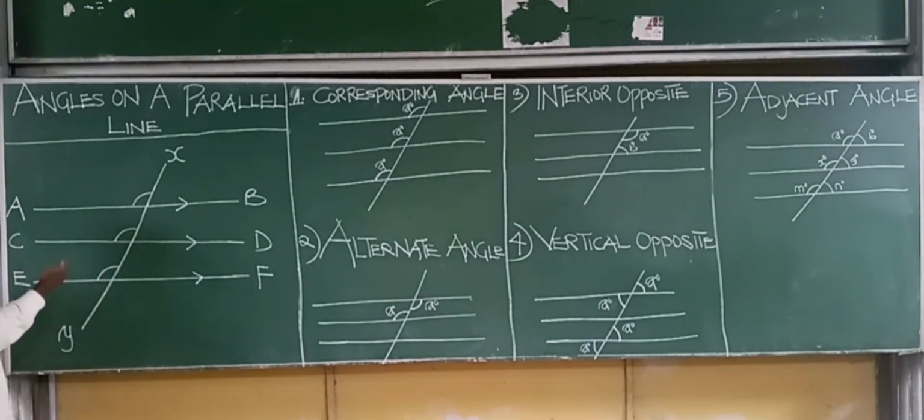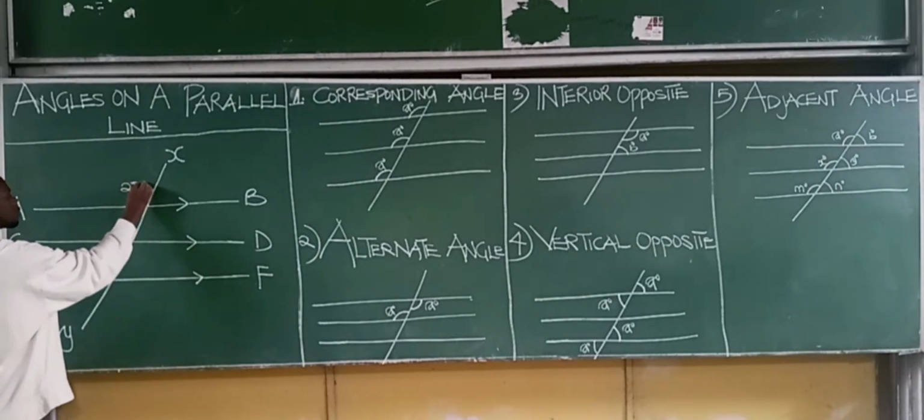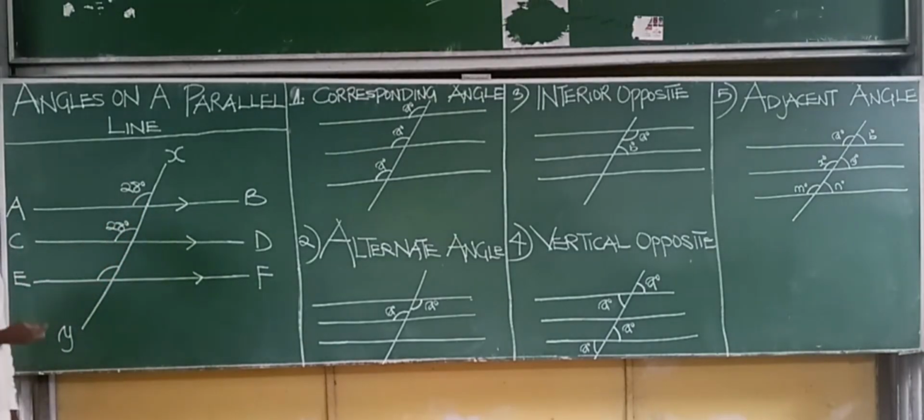They are basically on the same side of the transversal. For example, let's say this is 28 degrees. This is also 28 degrees because they are corresponding angles to each other.